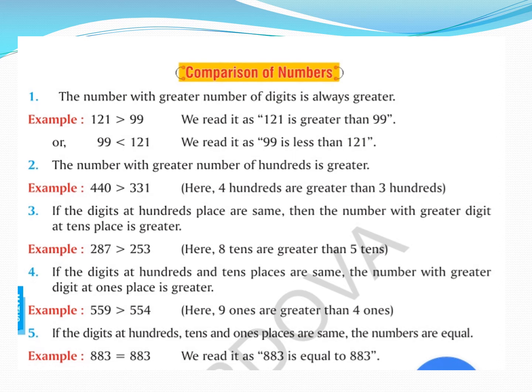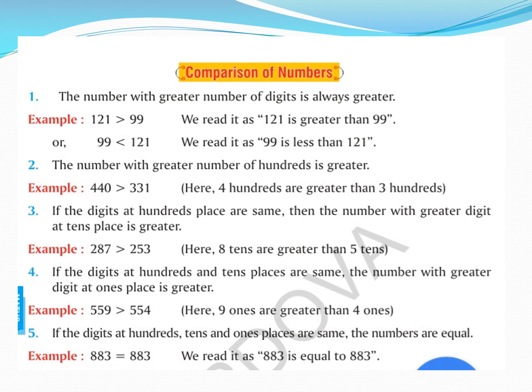Okay, the number with greater number of hundreds is greater. That means in this example 440 will be greater than 331. Here 400s are greater than 300s.